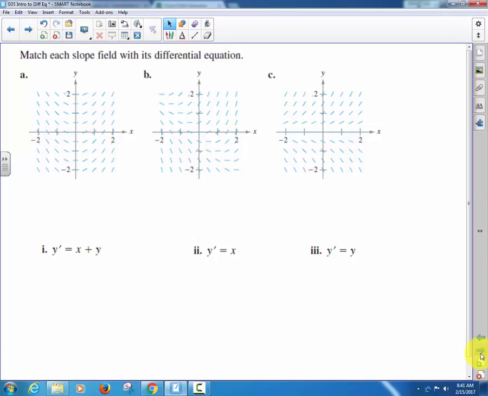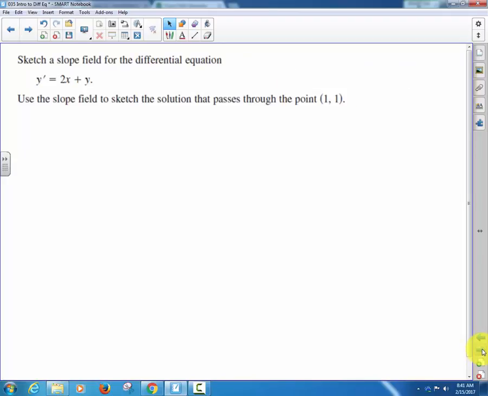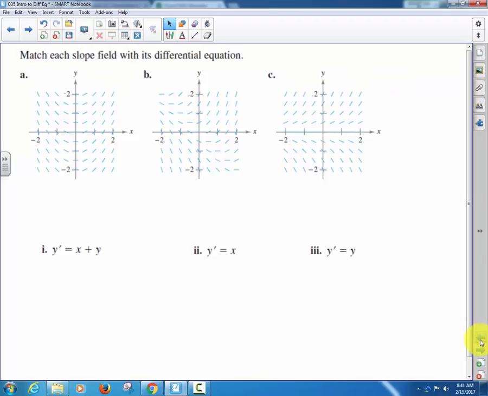I'm very interested in how you're going to tackle this, to be very honest with you. Somebody give me some ideas of how they're going to tackle this.